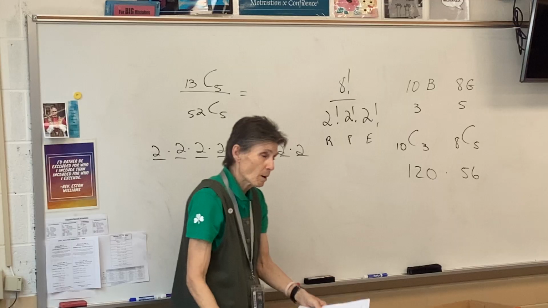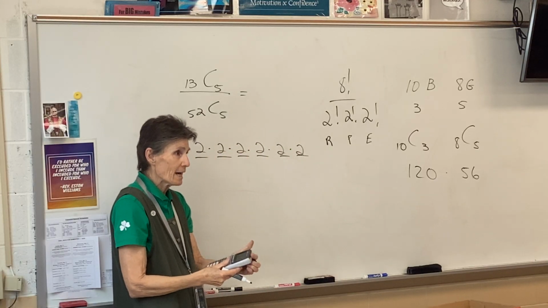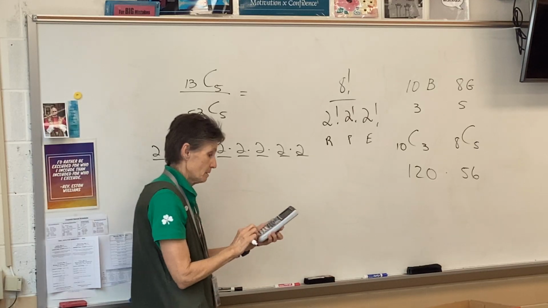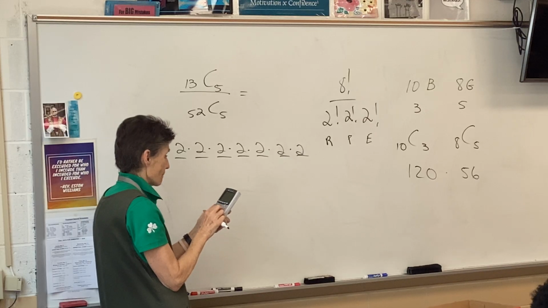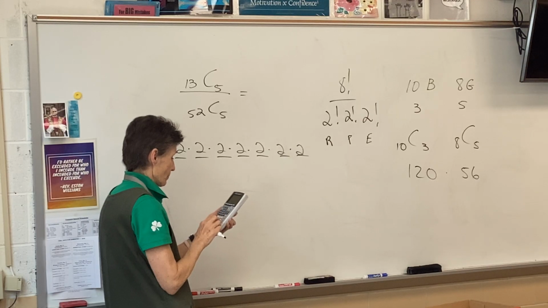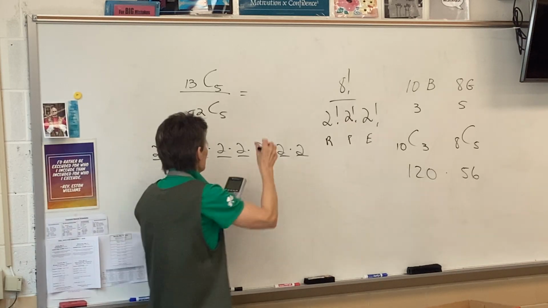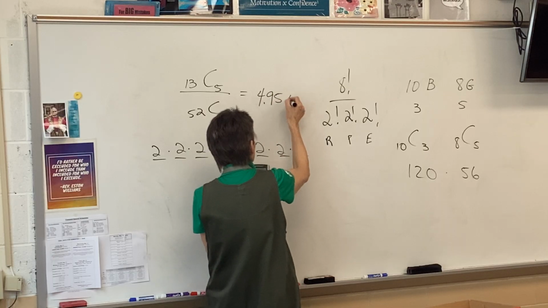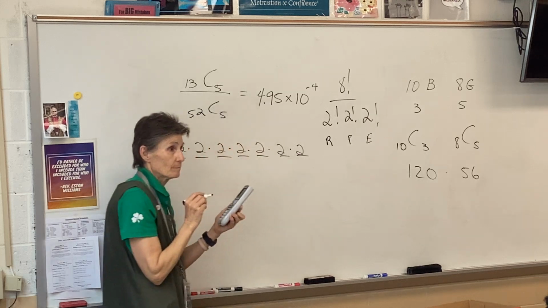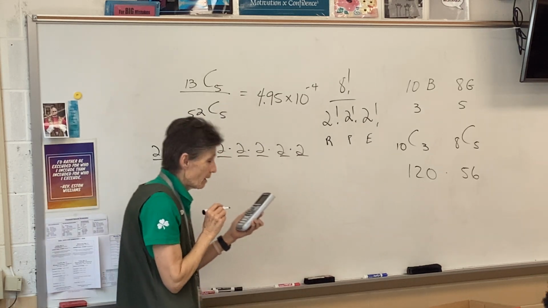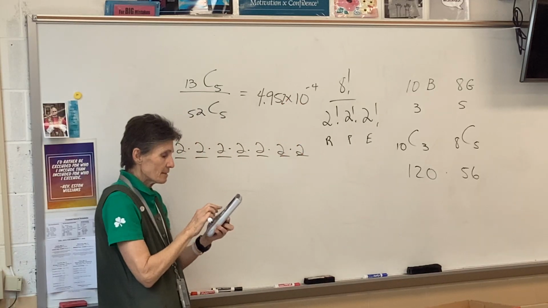Now, remember these probabilities are often very small, so don't forget the times 10 at the end. 4.95 times 10 to the negative 4. Nearest thousand would be 4.95 times 10 to the negative 4.